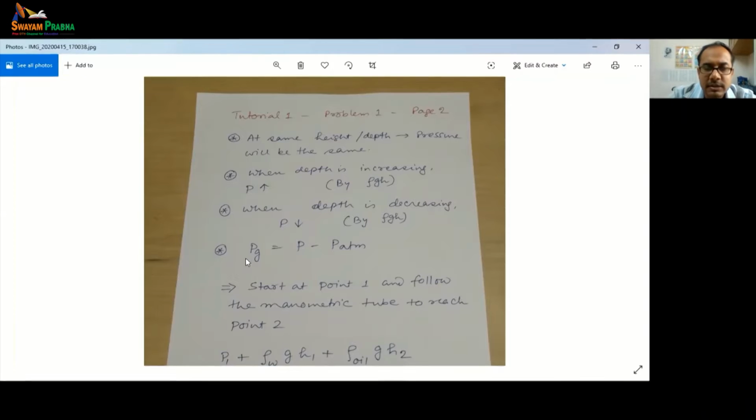Okay, the next concept that we will need here is the definition of gauge pressure. Gauge pressure is nothing but the absolute pressure minus the atmospheric pressure, P minus P atmosphere.